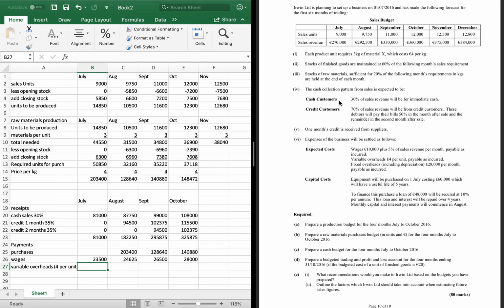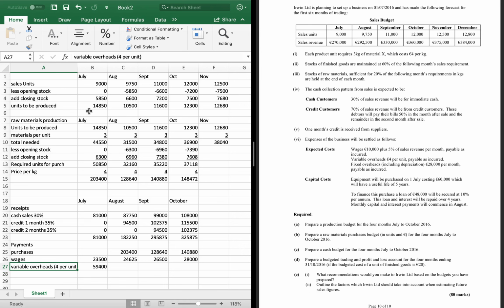It's the units we produce, isn't it? So it's variable overheads 4 euros per unit payable as incurred. So your variable overhead will be 14,850 multiplied by 4. Okay, so just don't get caught the way I nearly got caught there.